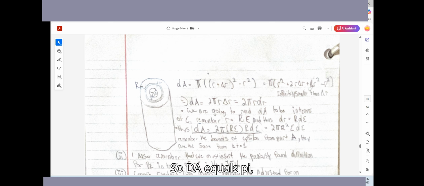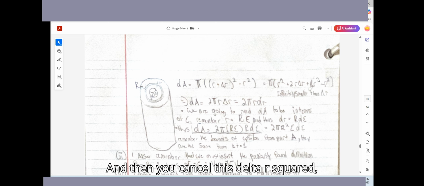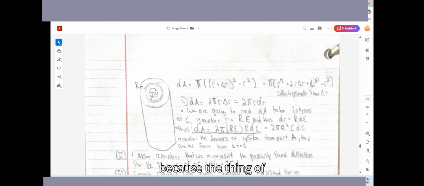So dA equals pi, it equals this, and then you just expand this out and cancel terms. That's r squared, and then you cancel this delta r squared, because think of delta r as an infinitely small quantity.